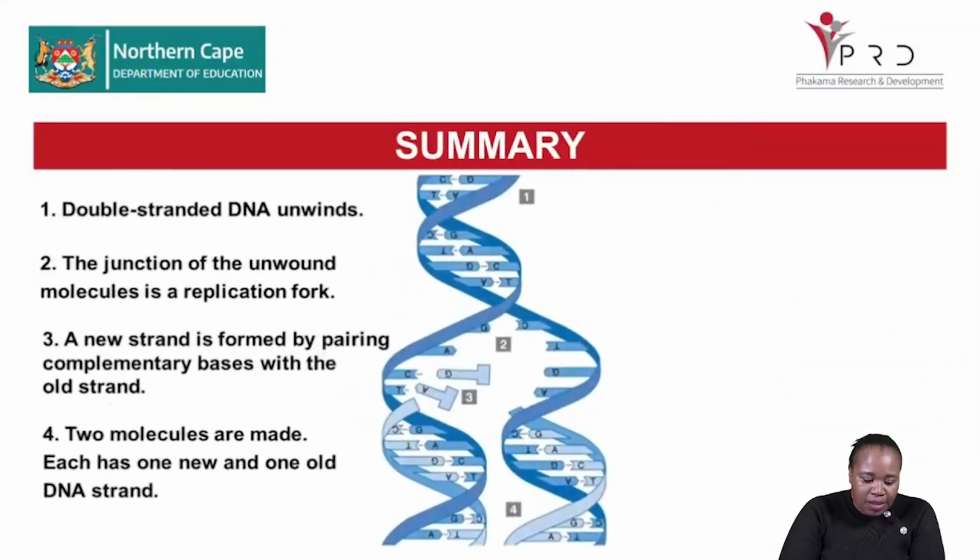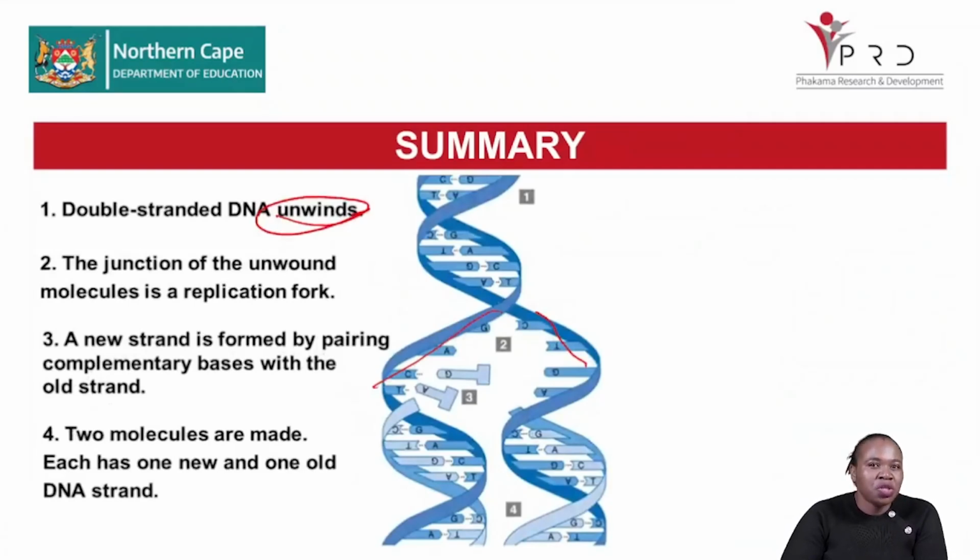Okay. Now let's just look at the summary of what we did today. DNA replication. The double strand unwinds. As it unwinds, the weak hydrogen bonds are going to break and the double helix is going to unzip. As it unzips, we are now going to see that the two strands act as templates so that we can have the formation of the new strands using complementary base pairs, right?